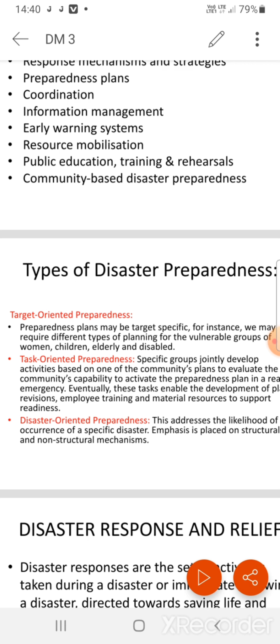Now here, the preparedness plans are targeted upon specific groups. It is very target specific. The plans, etc., require different types of planning for the vulnerable groups of women, children, elderly, and disabled. Here, we target upon a particular community or a particular sector of people which are more vulnerable.